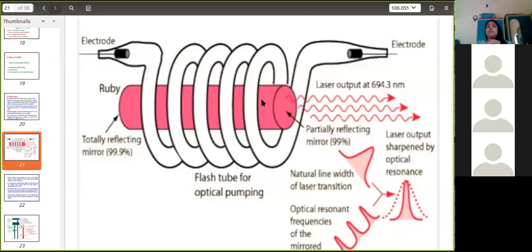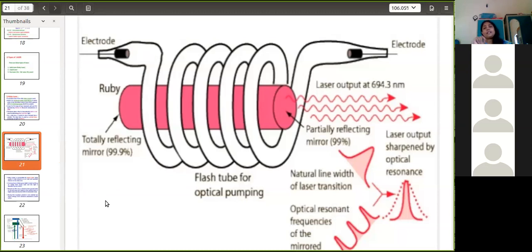So the first transition is always the spontaneous transition. तो मेटास्टेबल स्टेट से ग्राउंड स्टेट में पहले एक स्पॉन्टेनियस ट्रांजिशन होता है. So we get one photon of wavelength 694.3 nanometer. अभी ये फोटोन क्या करता है?